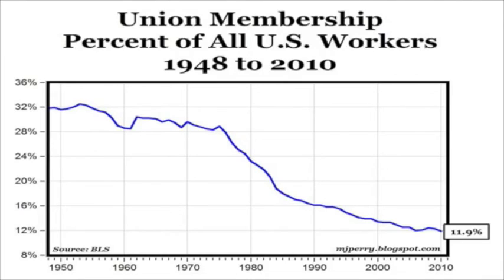Right. Yes, the outlook for the American public is very alarming because globalization has resulted in all of the manufacturing jobs being moved offshore. And that has resulted in the unions being more or less decimated.